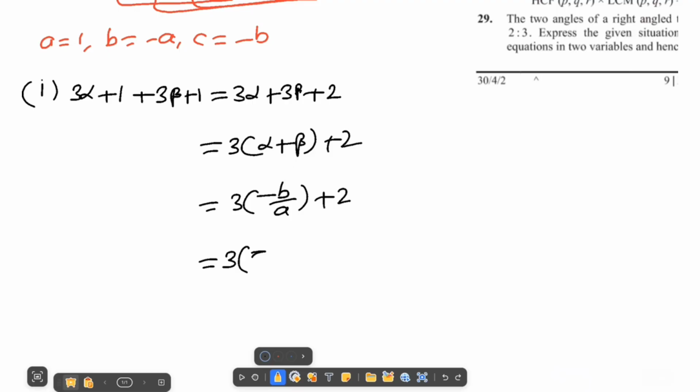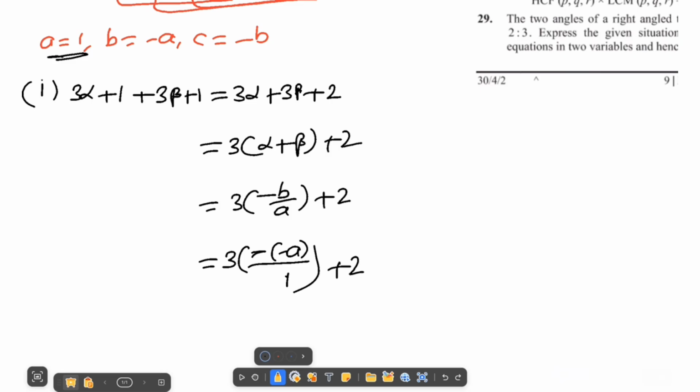Here b is minus a. So minus of minus a by a. a means coefficient of x, so here a value is 1. So write 1 plus 2.